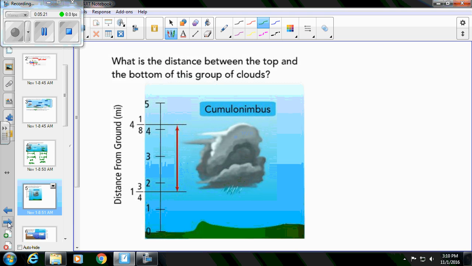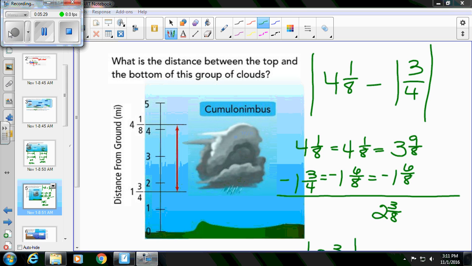Try this on your own. What is the distance between the top and bottom of this group of cumulonimbus clouds? So when I look at this here, I'm going to take the top level, a height of 4 1/8 miles, minus 1 3/4 miles. Because it's a distance, I'm taking the absolute value of it. I went off and did my arithmetic below it here.